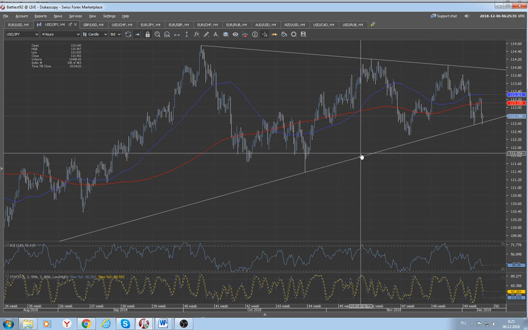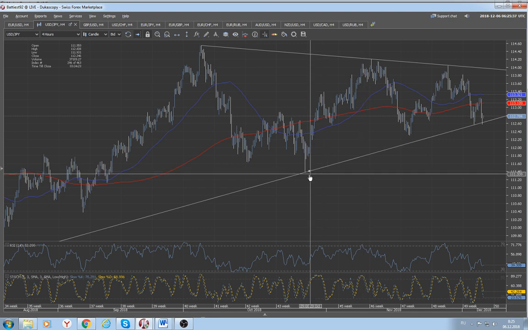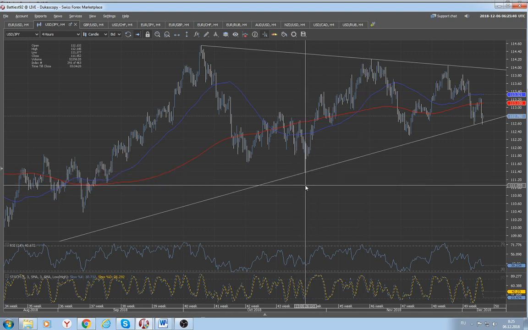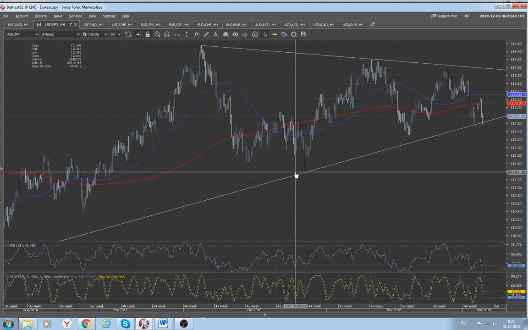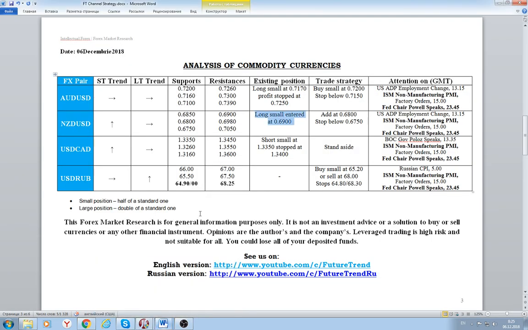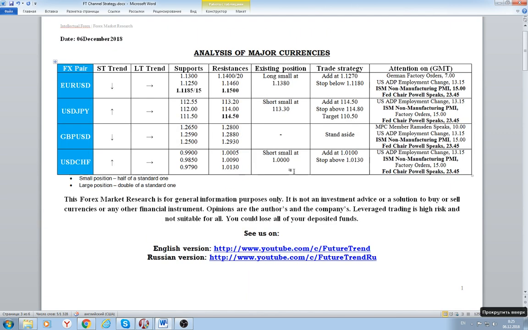And finally the lows of October located at around 111.38. All in all, this is our objective. We still continue to expect dollar yen lower. At the moment it's a little bit premature to say whether that's because of rising risk aversion or some other factors.